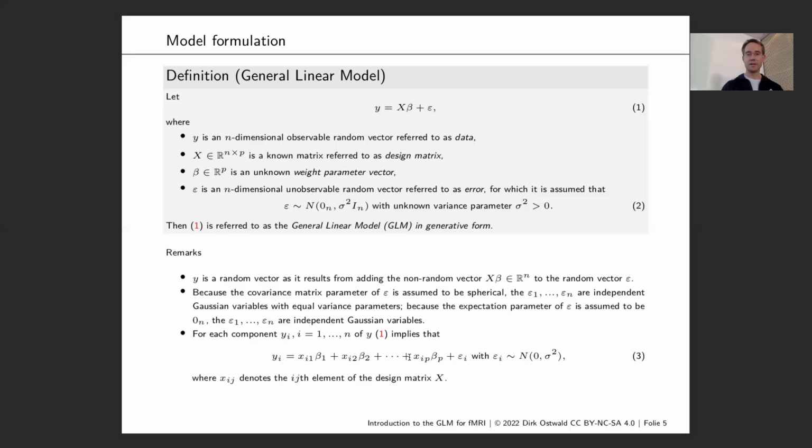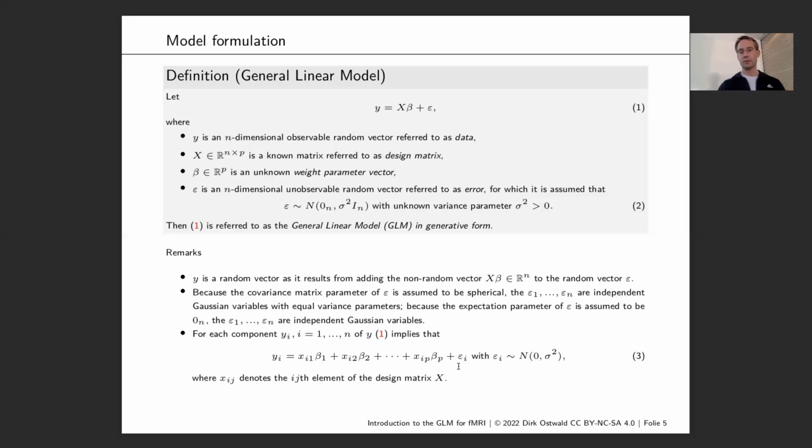But of course, the x's you know, and you measure the y's, and you somehow want to relate the x's to the y's, and you do this via the betas. So the betas, as you can also see, quantify how much each column of the design matrix contributes to y.